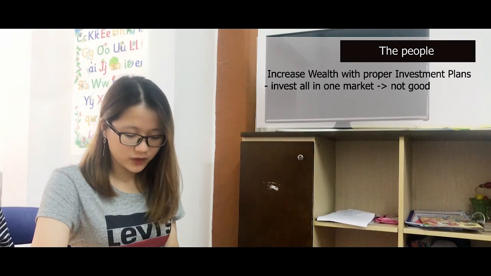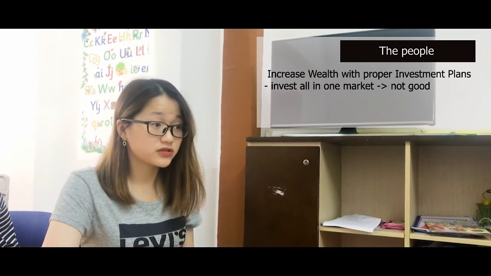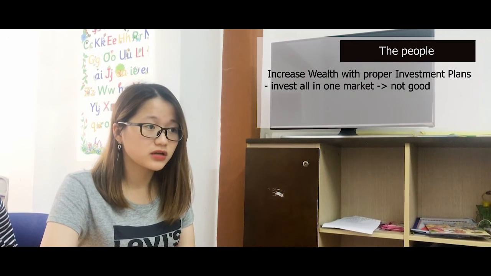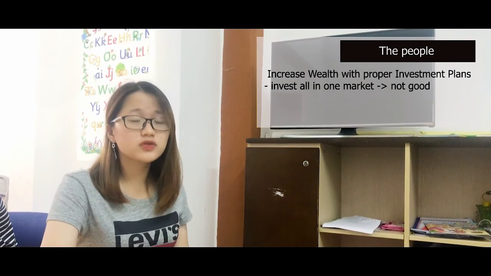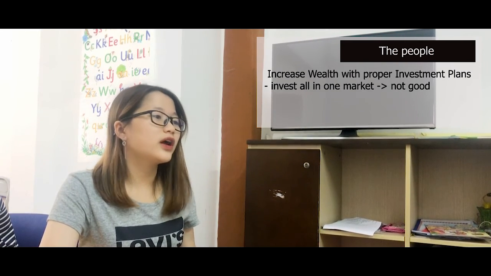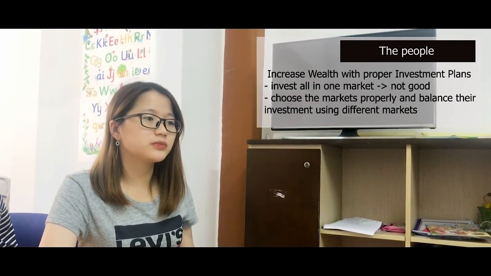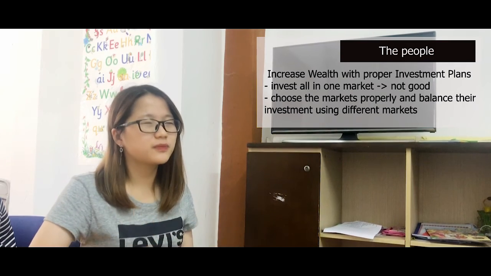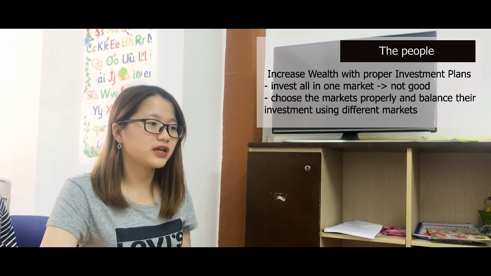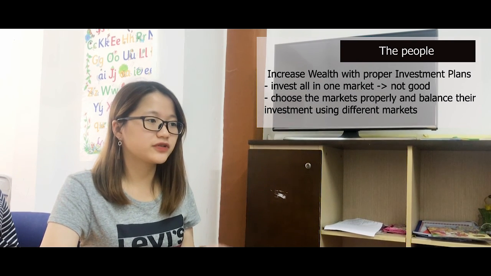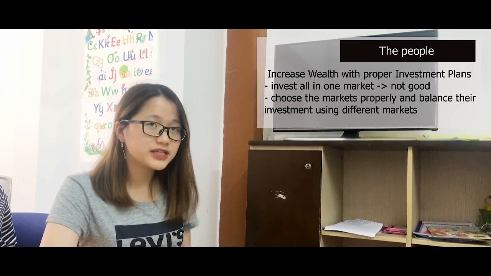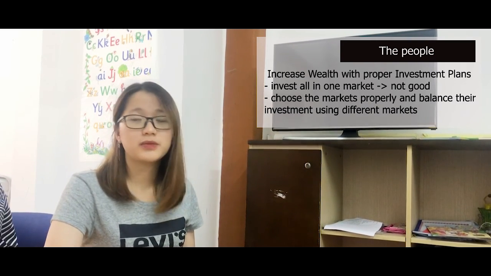For example, if one invested all of their money into the stock market, that person will be in trouble in a crisis like a stock market crash. So everyone should choose multiple markets and balance their investment using different markets, such as saving money, investing in currency and the real estate markets, and many more.